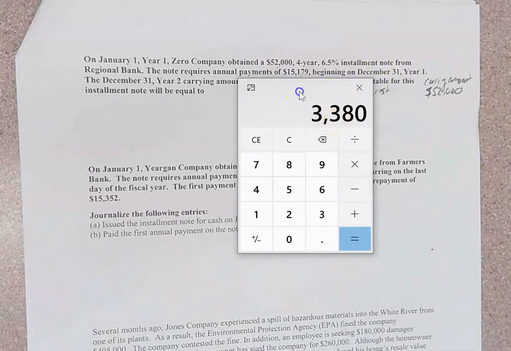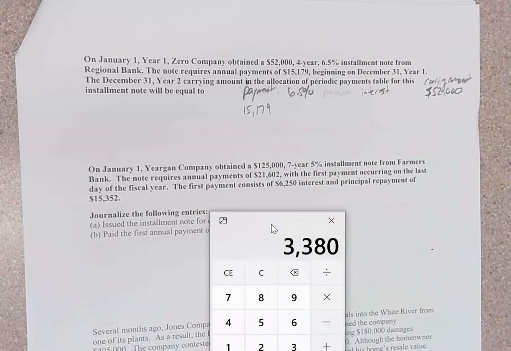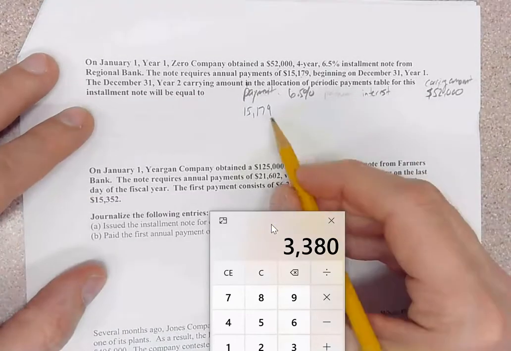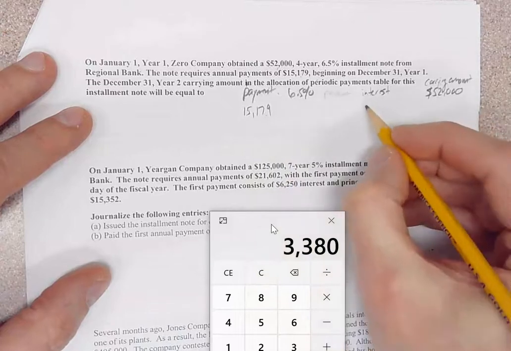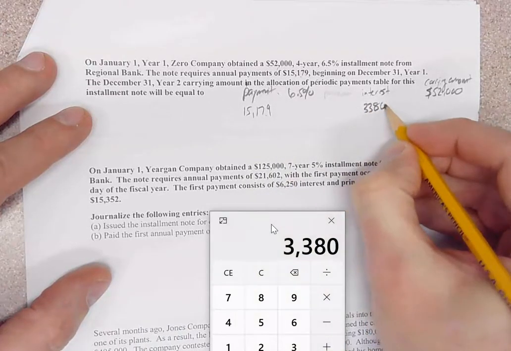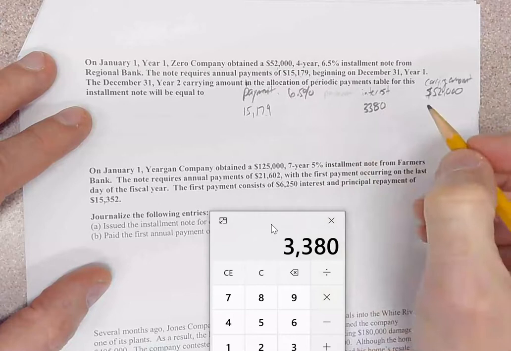Okay? 3,380. So our payment is $15,179. Our interest is $3,380. Okay?